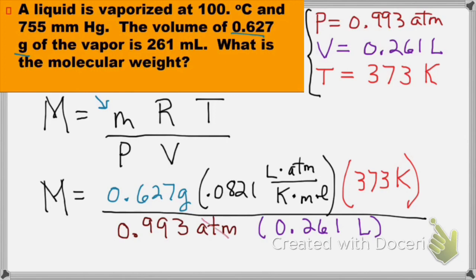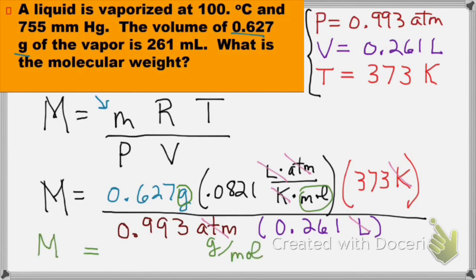Cancel all our units: atmospheres upstairs and downstairs, Kelvin upstairs and downstairs, and liters upstairs and downstairs. That leaves us with units of grams per mole. Notice that mole is in the denominator, which is what we would expect if we are solving for molar mass.